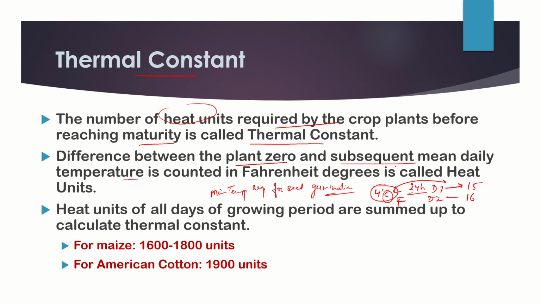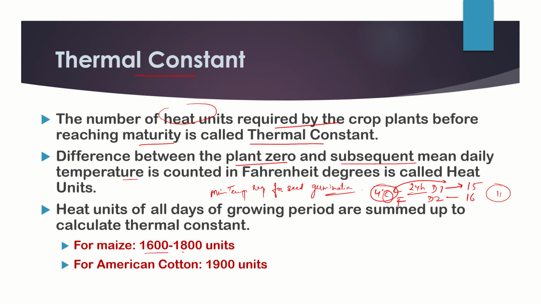For example, in a day, let's suppose 15 is the mean temperature and 4 is plant 0 for maize. It's a hypothetical example. So obviously heat units will become 11. So how many days are required when the plant will attain maturity? That number of heat units will be called the thermal constant.